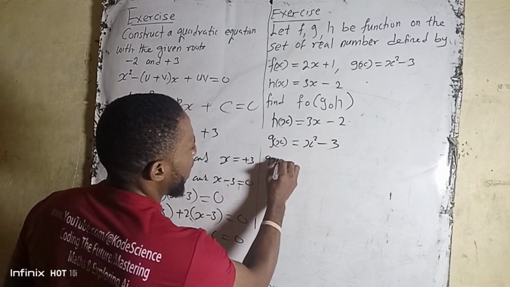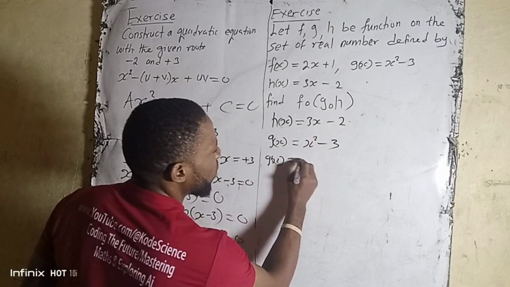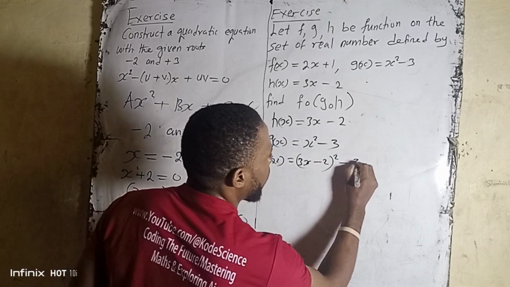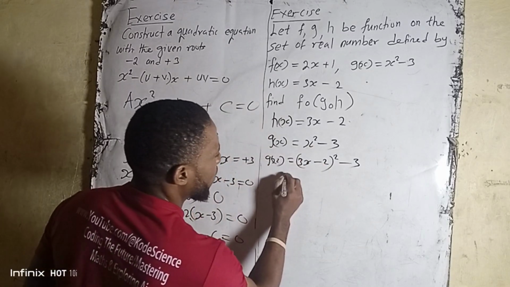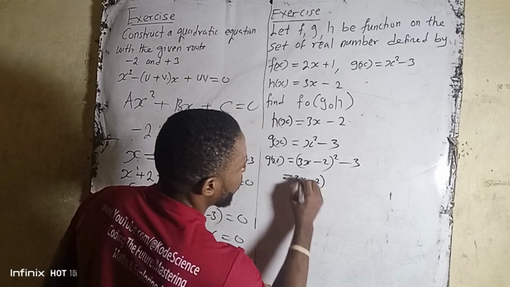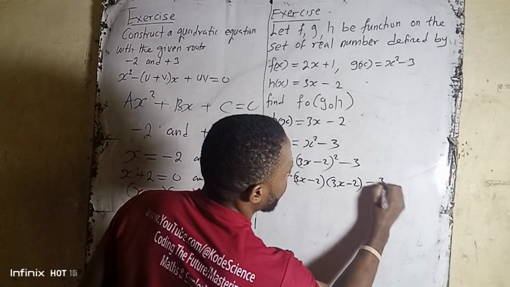Now we have g of x is equal to, we have our x here as 3x minus 2, squared, then minus 3. So when we square this, we have 3x minus 2 into bracket 3x minus 2, minus 3.